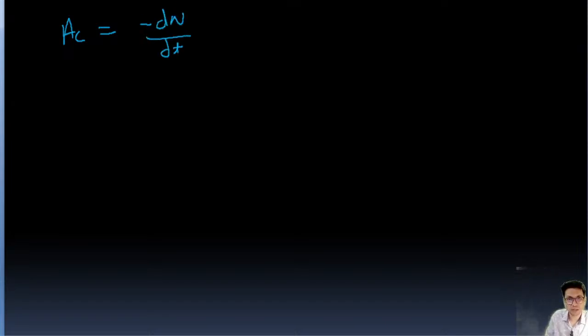We have taken just the mod, so that's why the minus; the actual value of activity is dN upon dt. And the unit of activity is becquerel, guys.